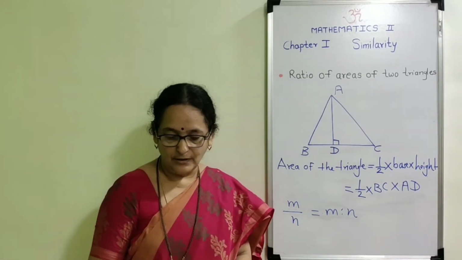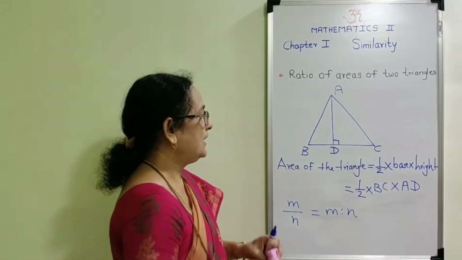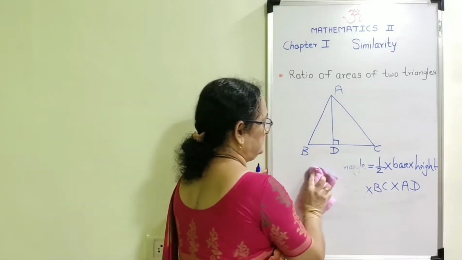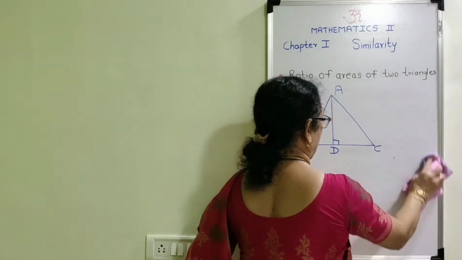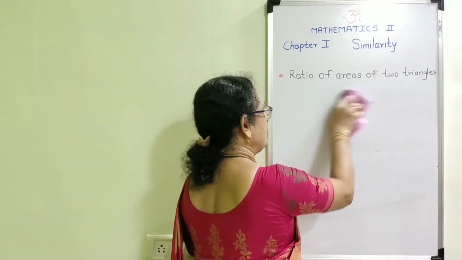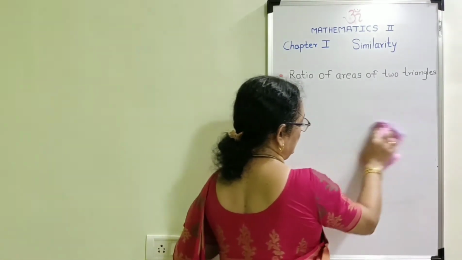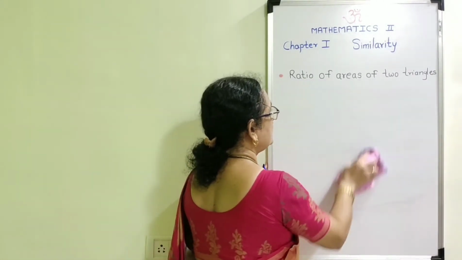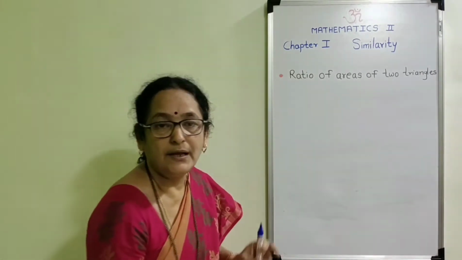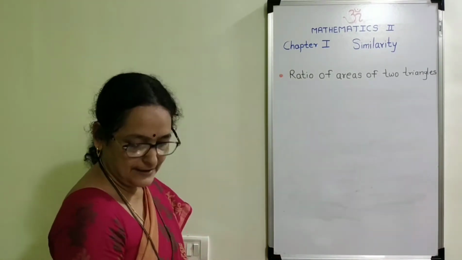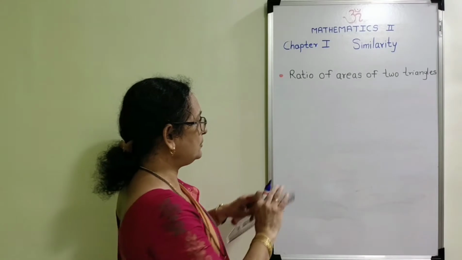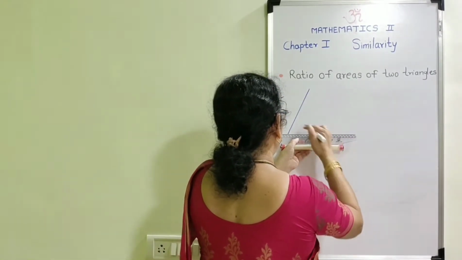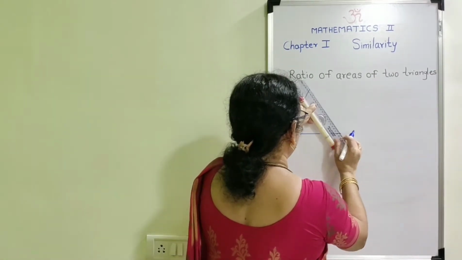Now we are going to learn the first property related with areas of triangles. For this, we are using two different figures. Observe the figure on the blackboard, and we are going to determine the first property related with areas of triangles. Now I can draw two different figures. First of all, I have taken triangle ABC.